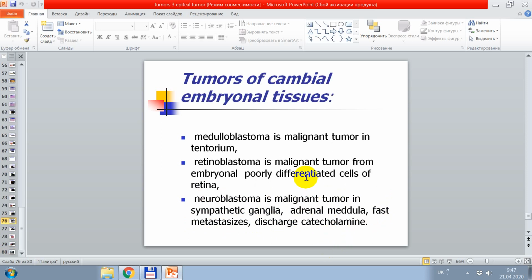Tumors of cambial embryonal tissue can be medulloblastoma, a malignant tumor in the tentorium. Retinoblastoma is a malignant tumor from embryonal poorly differentiated cells of the retina. Neuroblastoma is a malignant tumor in sympathetic ganglia and adrenal medulla, with fast metastasis, producing catecholamines.